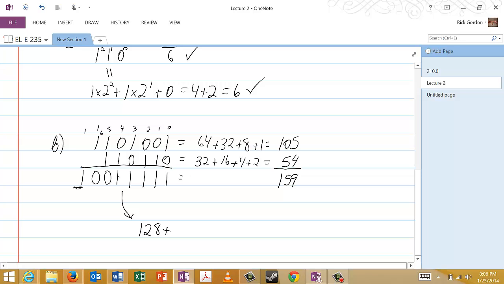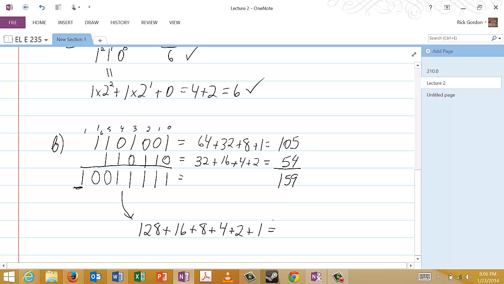And remember, as we said before, 2 to the 4th is 16. So we have 16. And then in the 3 column, we have a 1, so 8. And in the 2 column, we have a 1, so that's 4. In the 1 column, we also have a 1 here, so that's 2. And finally, in the 0 column, we have a 1, so that gives us 1.